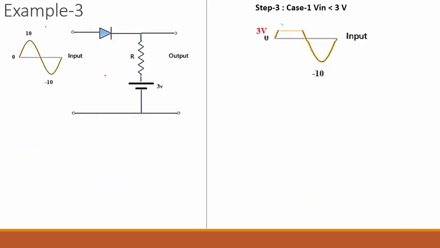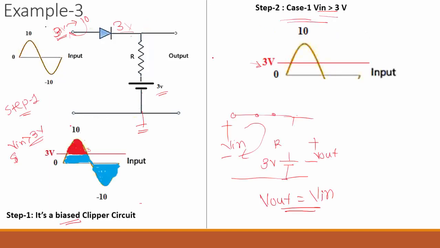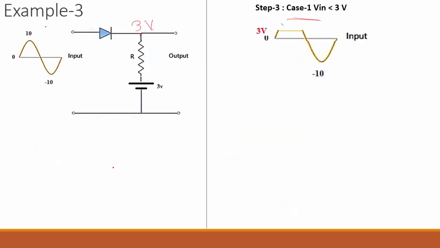Now consider the same diode direction, with this 3 volt. Now apply less than. Which case am I talking about? I am talking about V in less than 3 volt. That means I am talking about this blue shaded part. For V in less than 3 volt, what voltages will I apply?